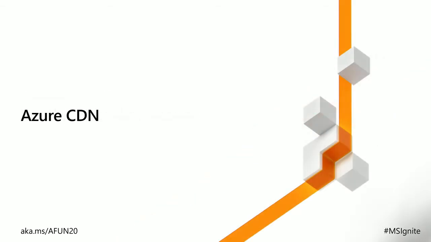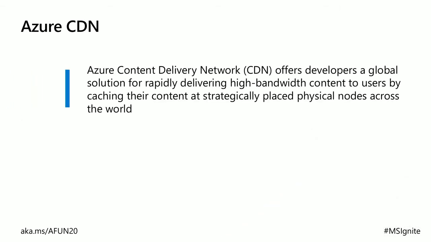Now, the next thing I want to talk about is the Azure CDN. It's a content delivery network, and this is a way where you're able to cache or serve specific pieces of content to people when they hit your website without having to necessarily support a bunch of simultaneous connections.